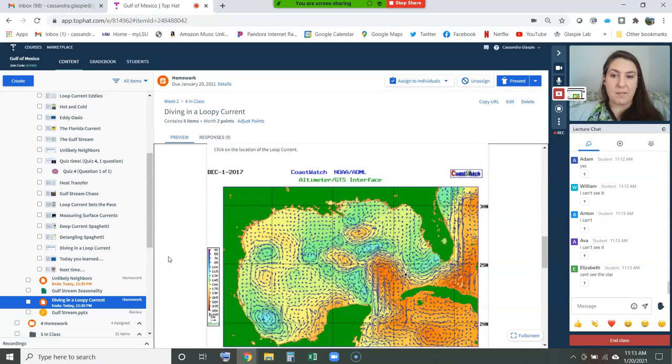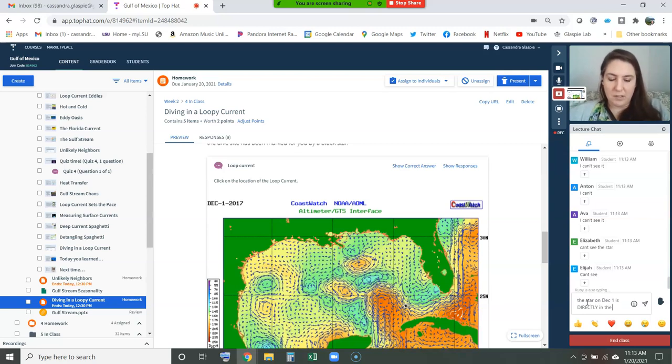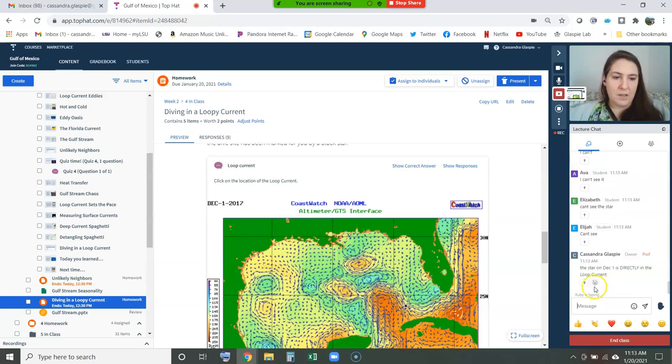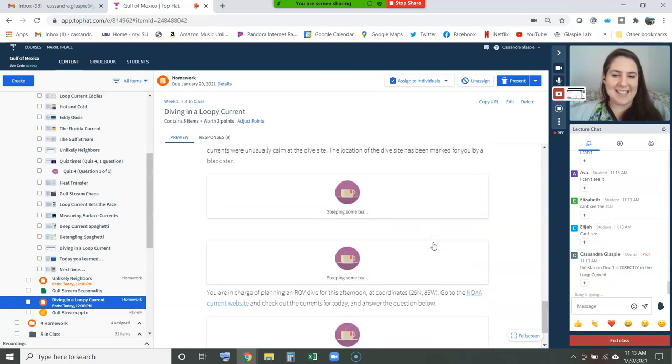I'll just type this out for you guys. The star on December 1st is directly in the loop current. It should give you enough context to answer the questions.